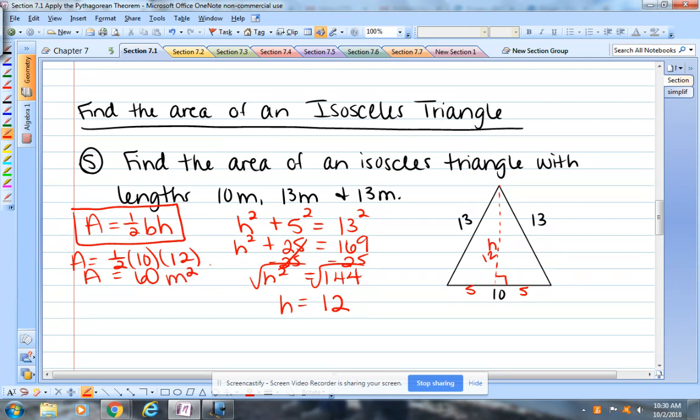Area is always in square units, so make sure you get your units correct. Any questions on how we did that? We had to drop a perpendicular, find the height of the triangle, and then plug it in to find the area. So this should be 60 square meters. Any questions?